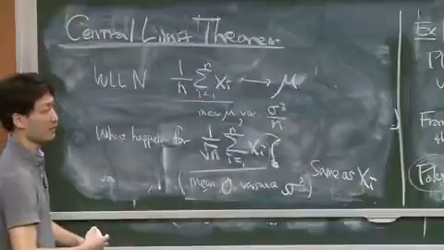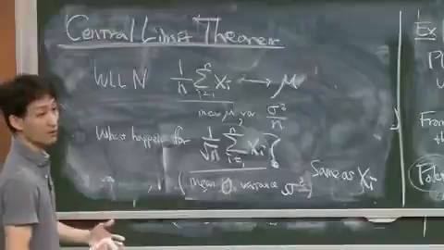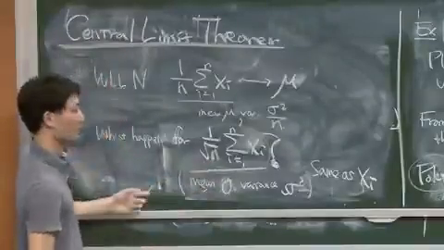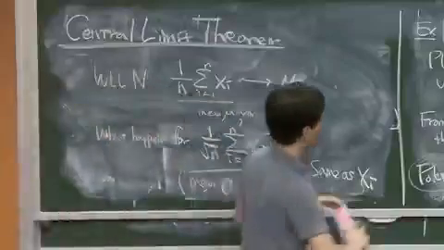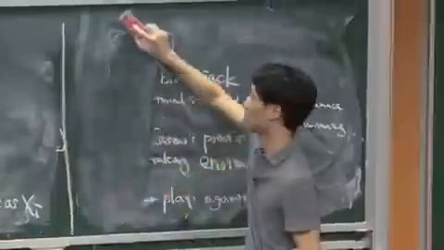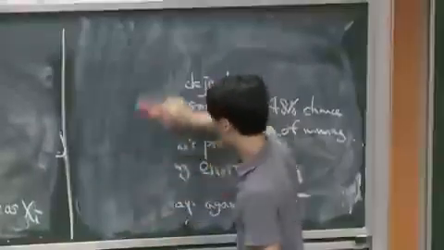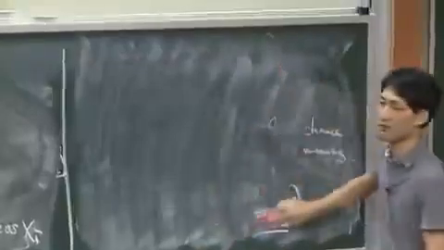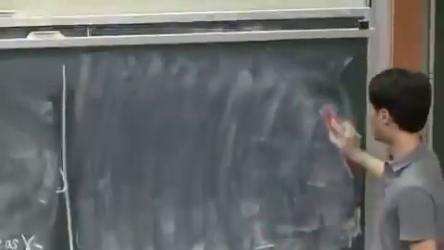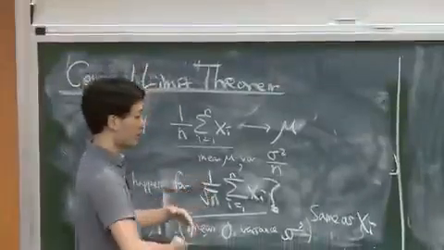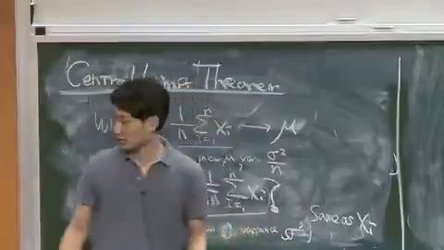If it doesn't look like xi, can we say anything interesting about the distribution of this? And the central limit theorem answers this question. And it's actually, when I first saw it, I thought it was really interesting because normal distribution comes up here. And that's probably one of the reasons that normal distribution is so universal, because when you take many independent events and take the average in this sense, their distribution converges to a normal distribution.